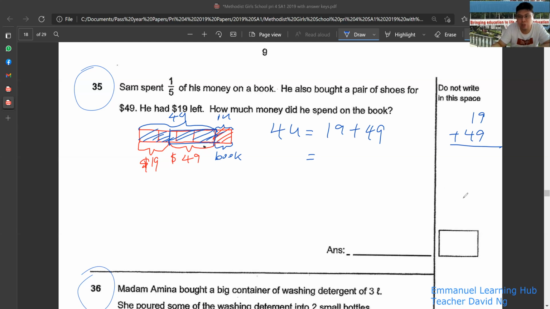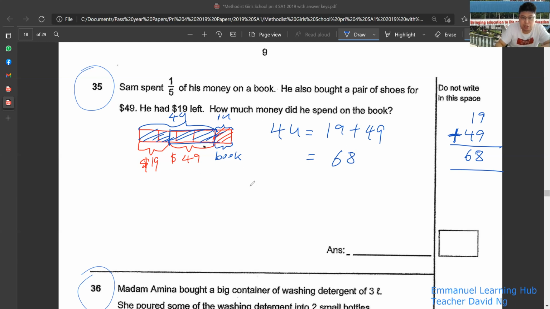Let's do the addition. Not 59. 9 plus 9 is 18. Altogether it is 68. Okay, 19 plus 49 is 68.